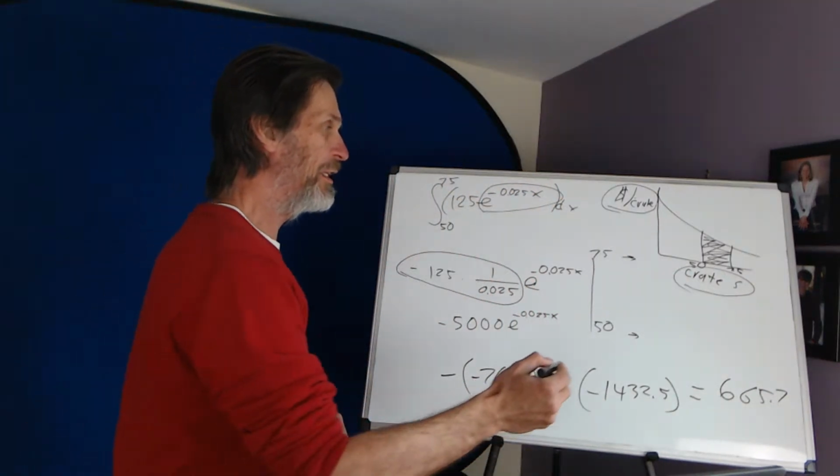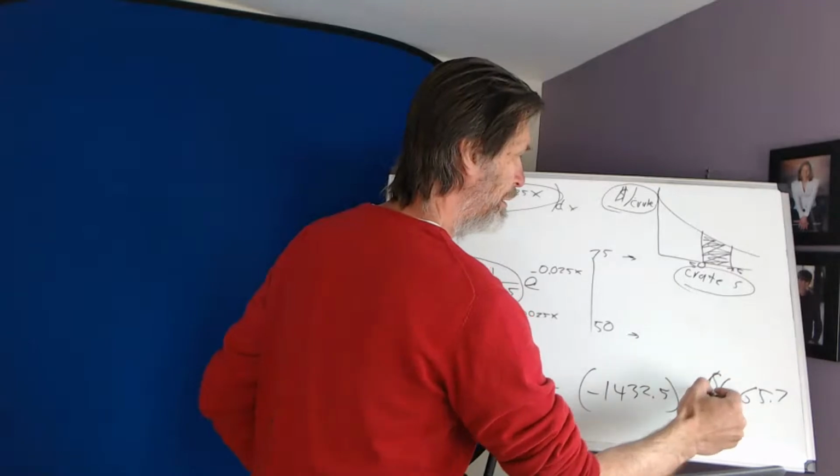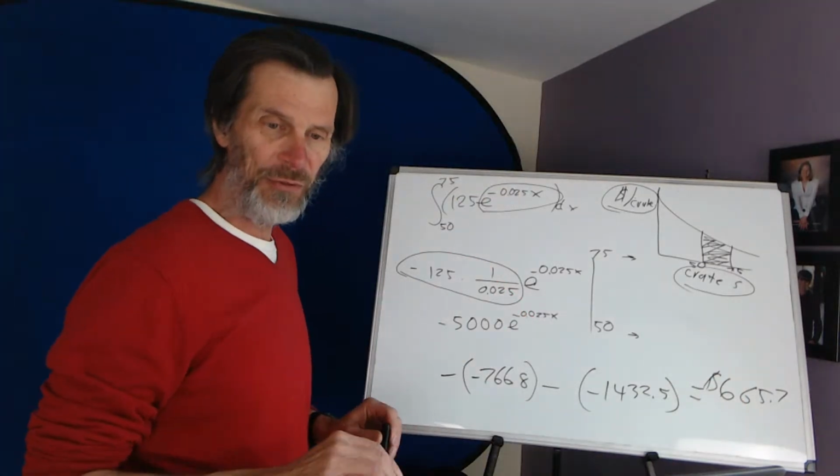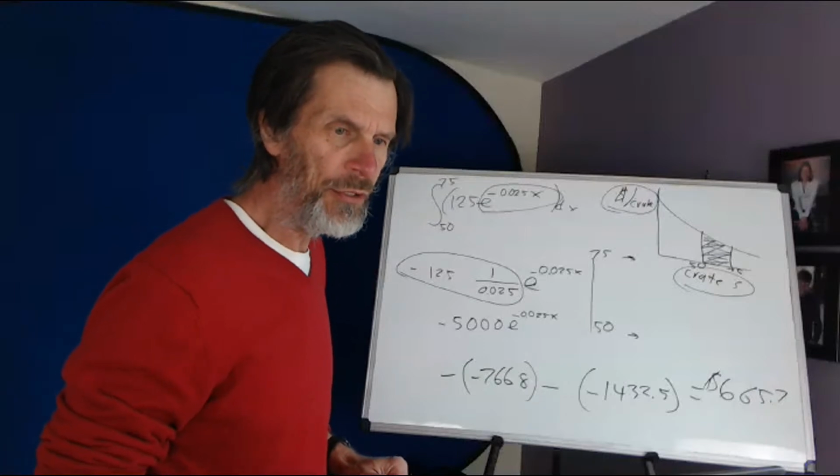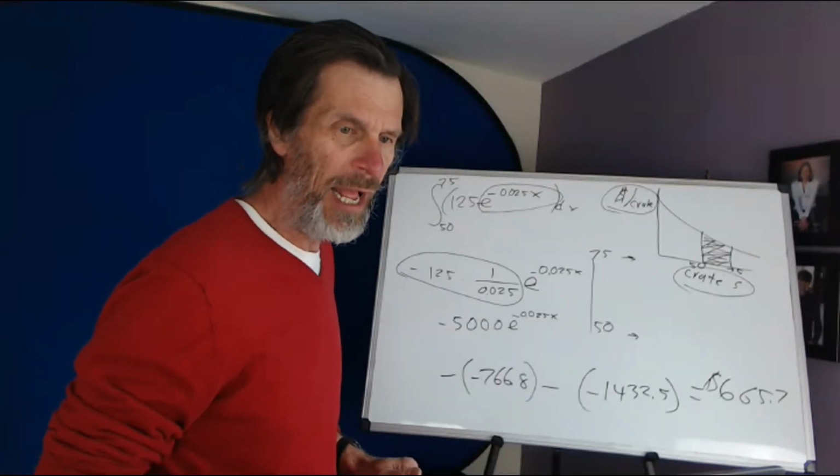So there's that one. The units would be dollars. That's how much it's going to cost extra. And I want to make double sure that my units are right, measured in dollars per unit.